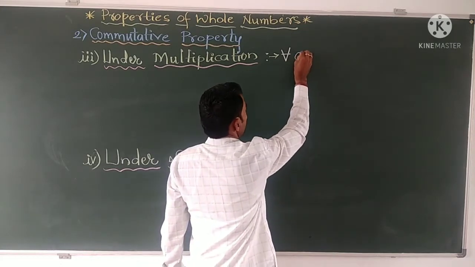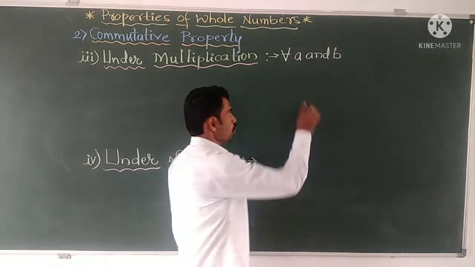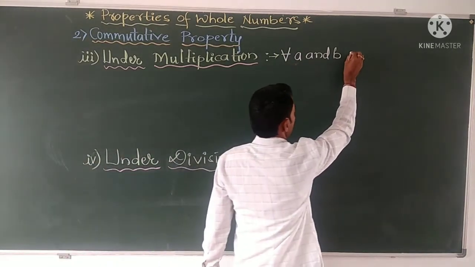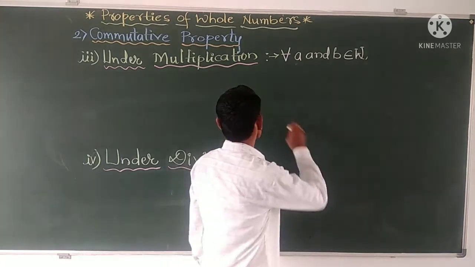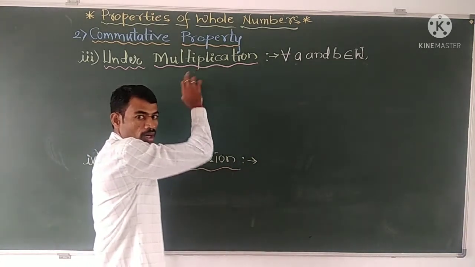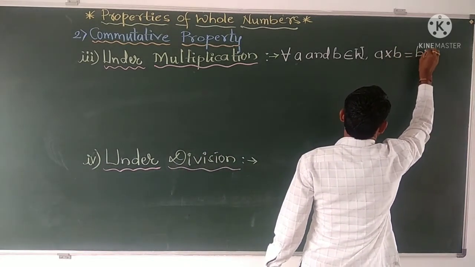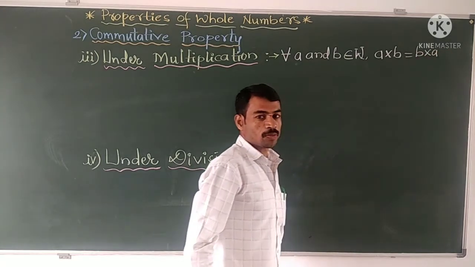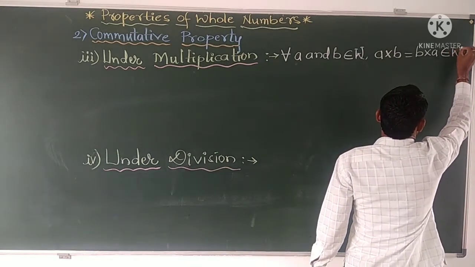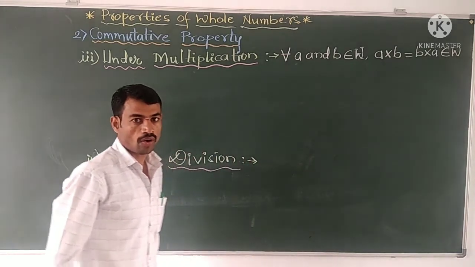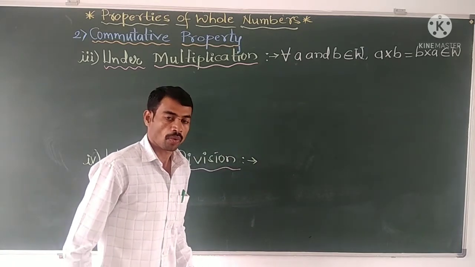For every A and B, both whole numbers, A is one whole number, B is another whole number, both in the set of whole numbers, we apply multiplication: A into B. If we find the product of any two whole numbers in any order, we obtain the same product.